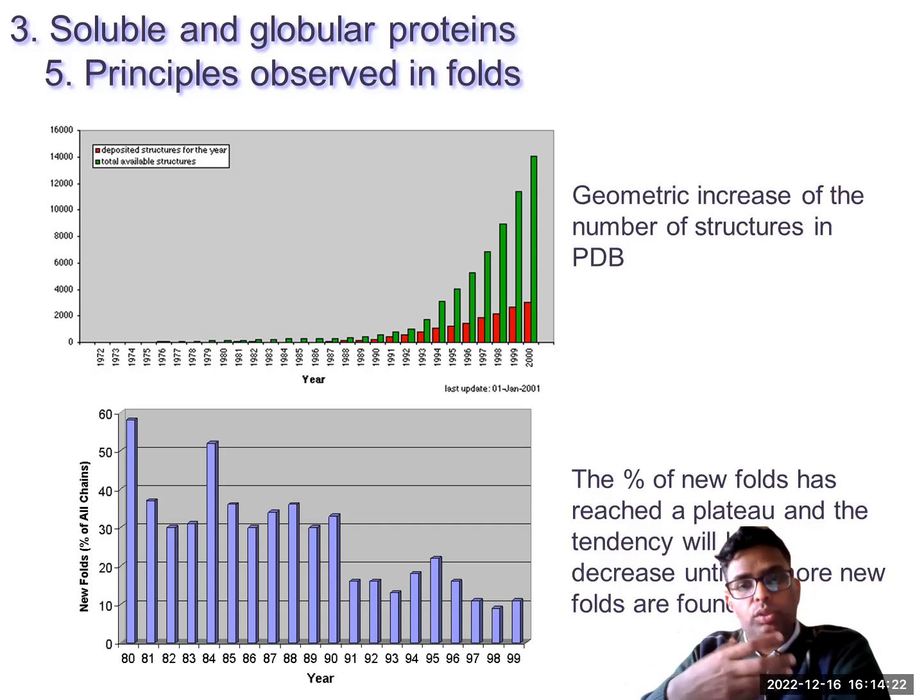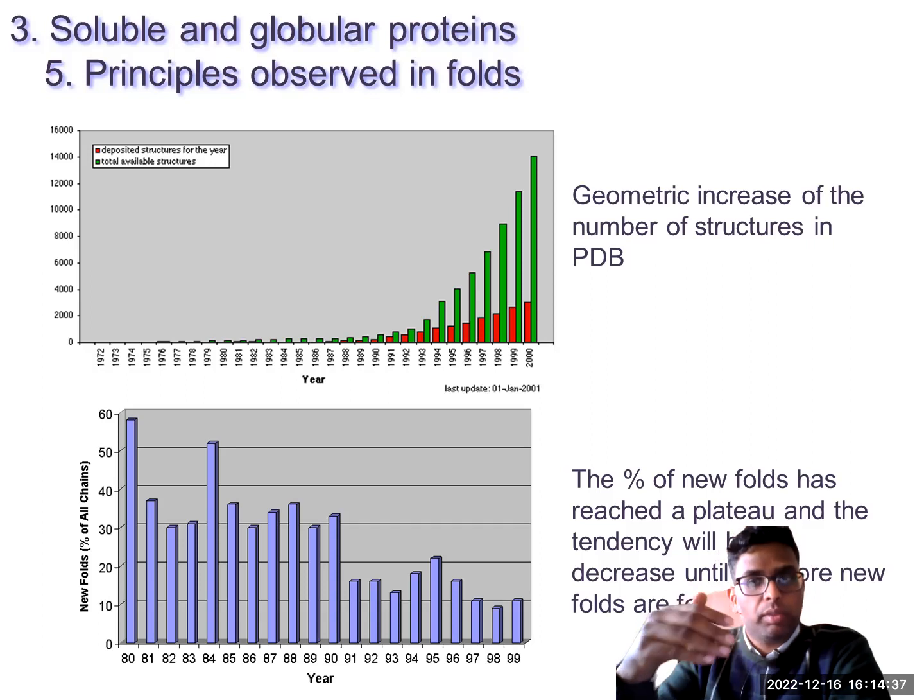If you have a new fold, it has to be recognized. So as the number of structures increases, new fold recognition decreases. In this example, I illustrated that as the number of different structures in the PDB increases, folds do not increase in that pattern. Folds are constant or may decrease.